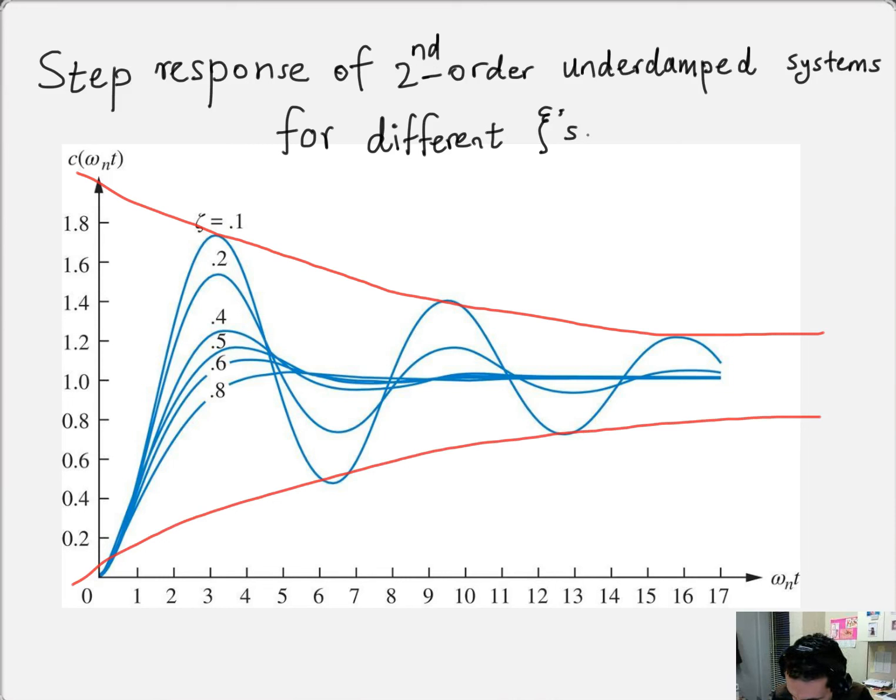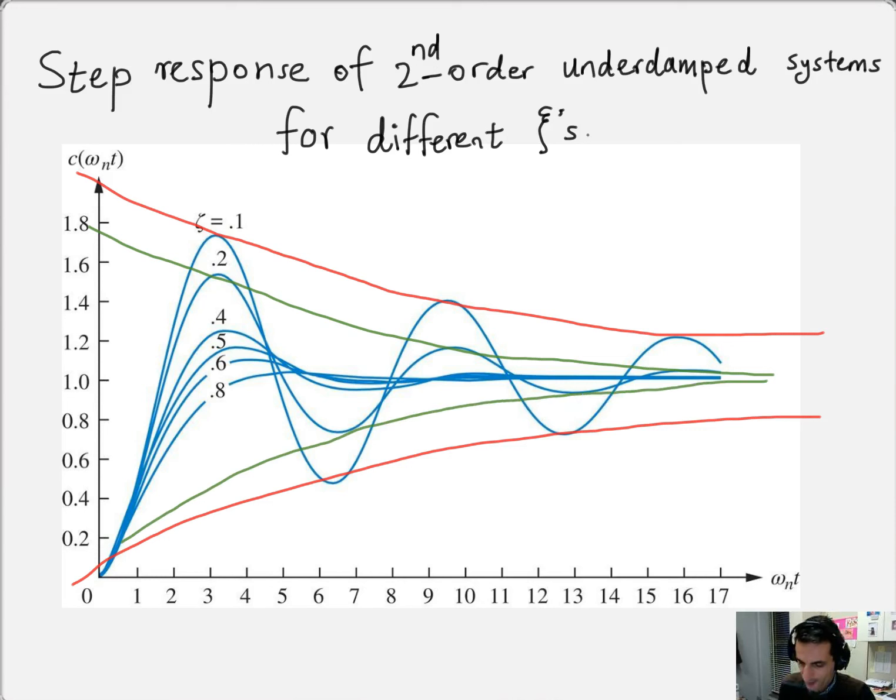Now for zeta equal to, for example, 0.2, your envelope is going to look like this. And that's going to be your envelope of the response. And you can actually draw this envelope for even different values of zeta.